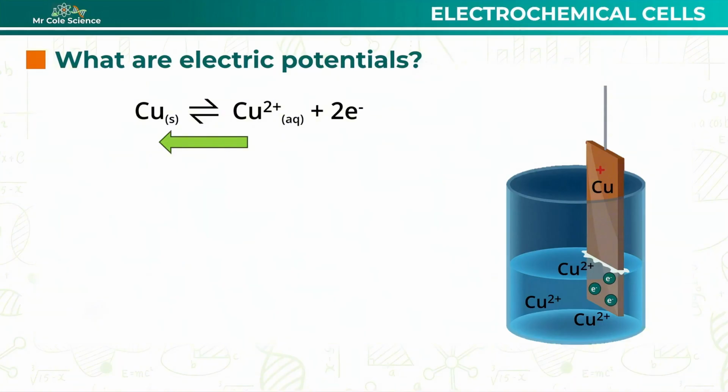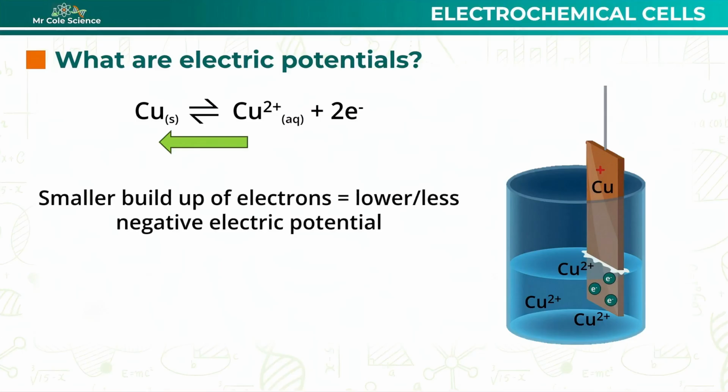Because there are fewer electrons, there is going to be a weaker electrostatic repulsion, which means that we're going to have a lower or less negative electric potential, i.e. the half cell has less ability to push electrons away from it.